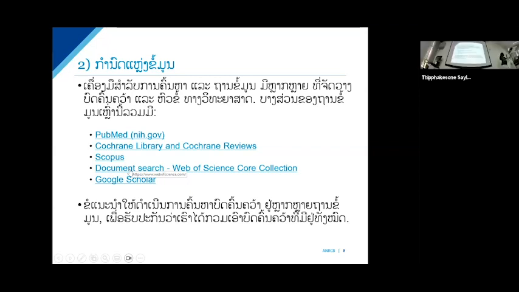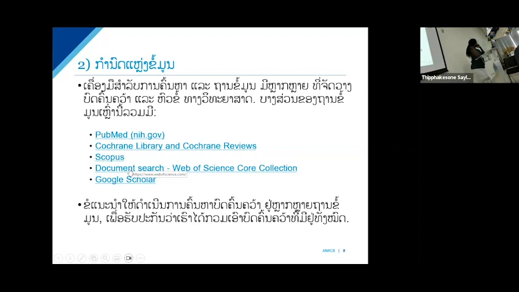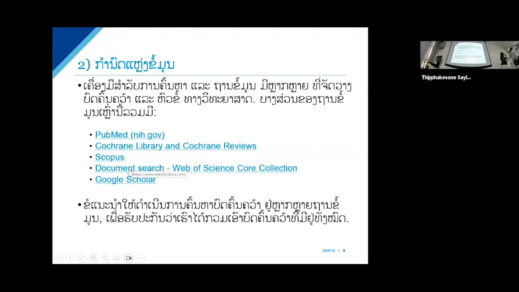Did you want to say something? You may just want to check too. What databases do you all have access to? Can you use Scopus and PubMed from here? You have Google Scholar? Do you have PubMed? What database do you use here?